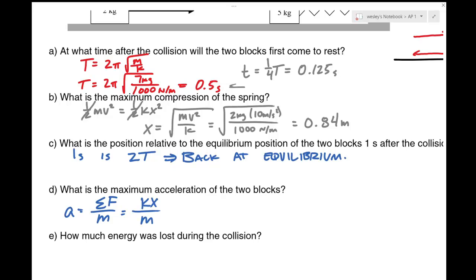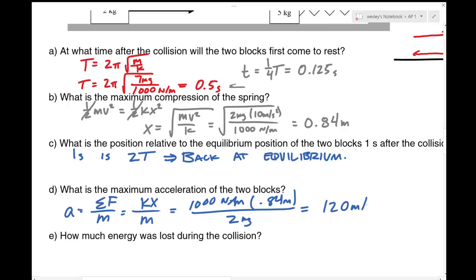So we've got 1,000 newtons per meter times 0.84 meters divided by the mass of 2 kilograms. Put that all in there, and our maximum acceleration comes out to be 120 meters per second squared.